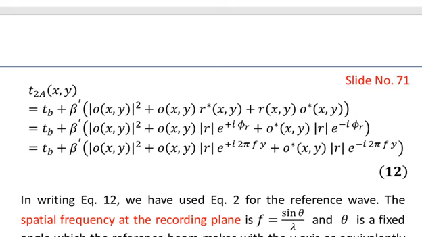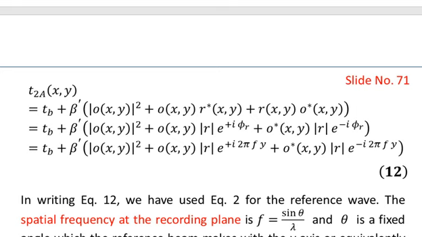Because, as we have shown previously, these are related to the frequency of the fringes. We have combined the terms in order to write them in the form of cosine factors.